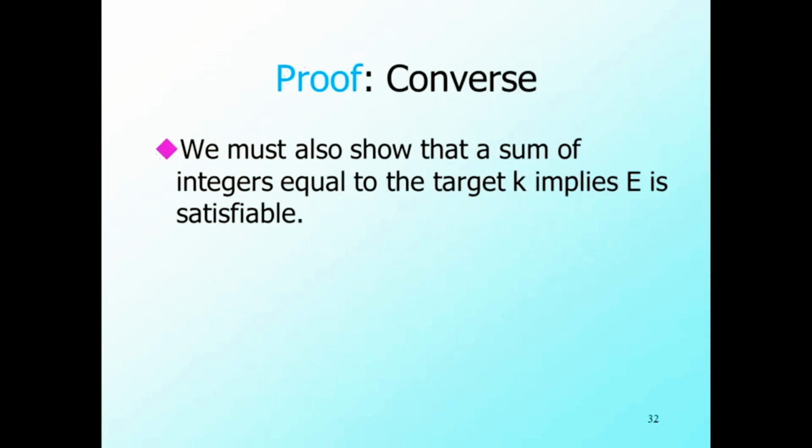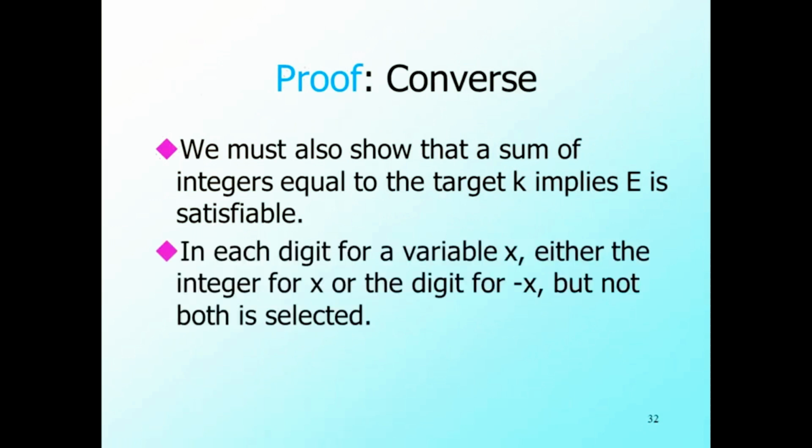Now we must show the converse. Assume the output instance has a solution, a subset of its integers whose sum is the target. First, look at the high order positions, those corresponding to the variables. The subset of selected integers matches the target, so it has 1 in each of these positions. The only way that could happen is if we select exactly one of the two integers for the variable corresponding to that position.